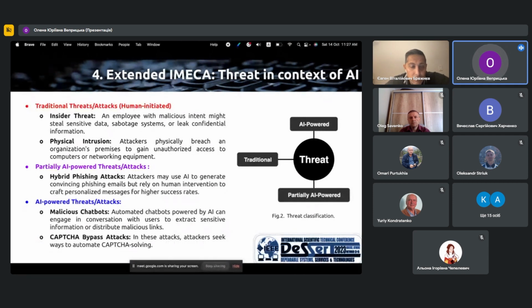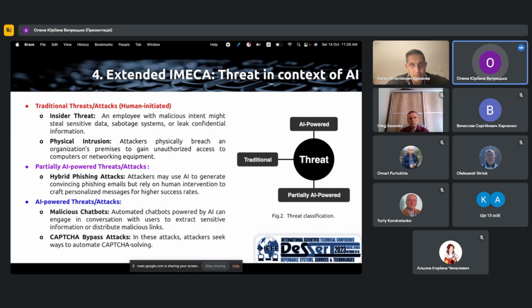Okay, so in this context we can look at AI from three perspectives. AI for defense from cyber attacks, such as an anomaly detector. AI could be an object of attack, for example adversarial or poisoning attacks. And AI-powered threats and attacks.